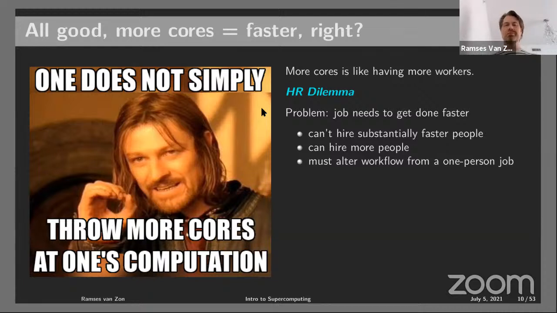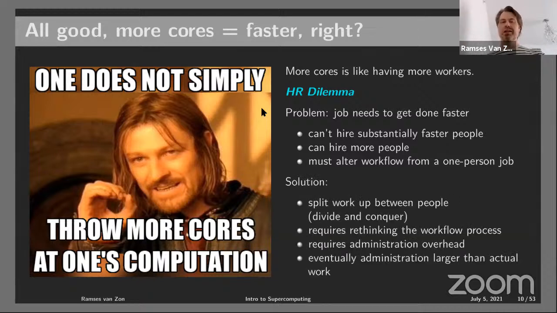A single person might be able to do something, but all his or her actions might interconnect. One has to be done first. So now you have to split up this work in a way that makes sense. So divide and conquer. Even splitting up the work, telling the workers what to do, is a bit of overhead. You have to rethink and make sure that this can be done at the same time.